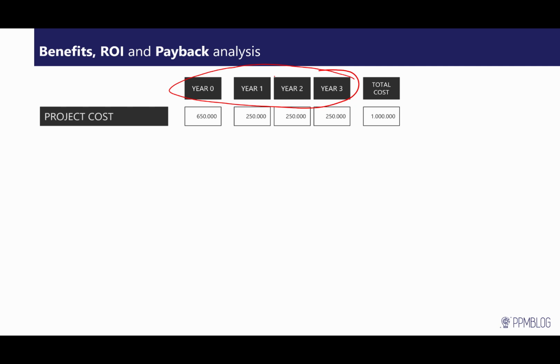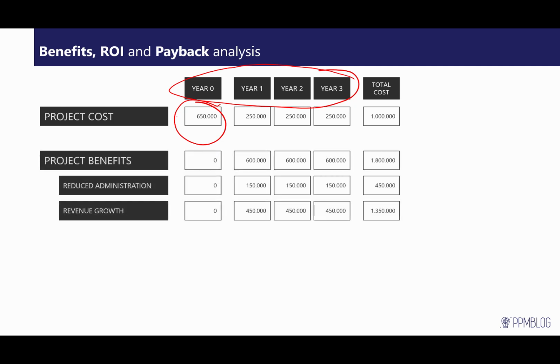But here we have a project right now with a total cost of 1 million USD, and we are planning on spending 650,000 in year 0, so at start on the first year of this project. Now we call this year 0 because we are probably not going to gain any benefits in the first year that we do this project. We could do, but in this case we're not. So in year 0 we are planning on getting $0 in return on this investment. It's just a cost for us.